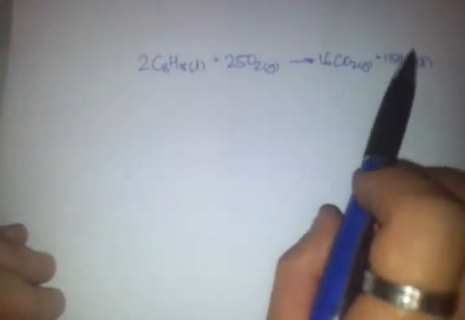The balanced equation for this is given as 2 octane molecules react with 25 moles of oxygen to make 16 moles of carbon dioxide and 18 moles of H2O. And I'm going to have it as liquid there, even though we know in combustion you'd normally make steam. We're going to leave it at standard conditions.